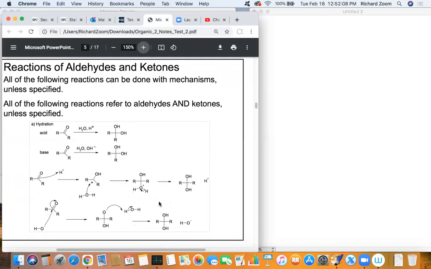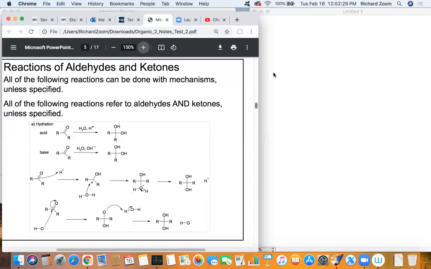So we're going to start out here with the reactions of aldehydes and ketones. And the first one we're looking at is called hydration. For this, we've got an acidic mechanism and a basic mechanism. You'll see the products of both of these are the same. One uses H plus, one uses OH minus.